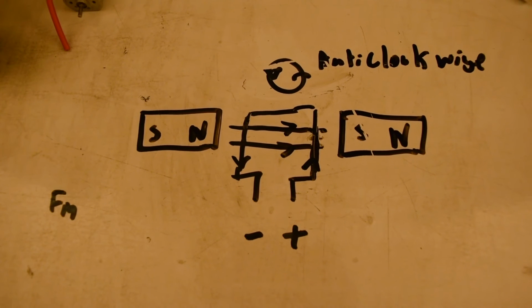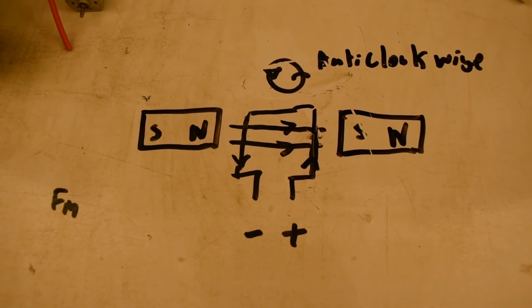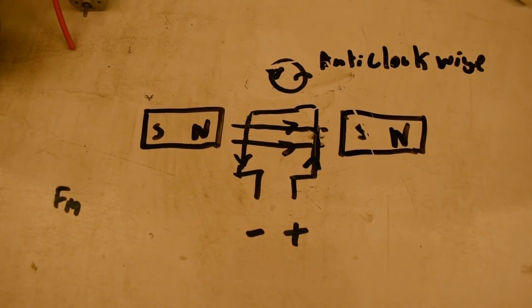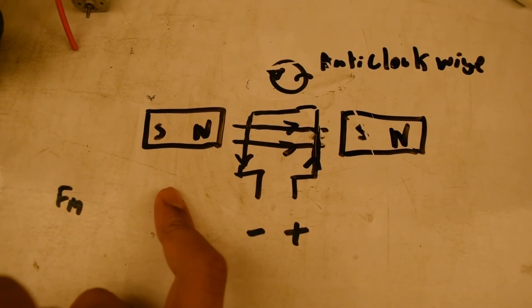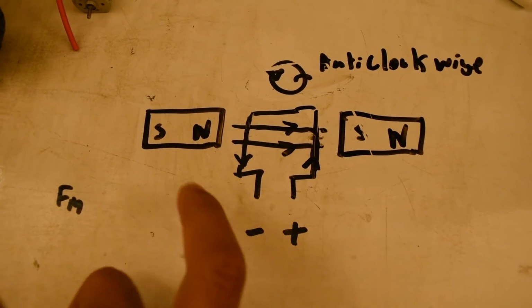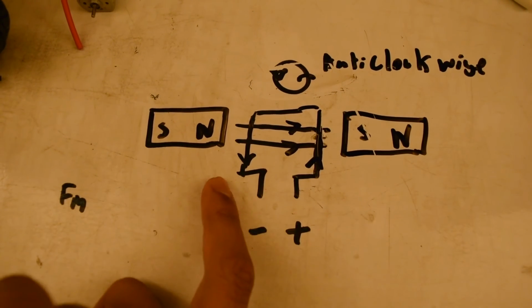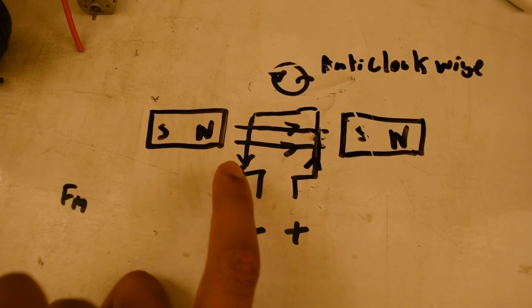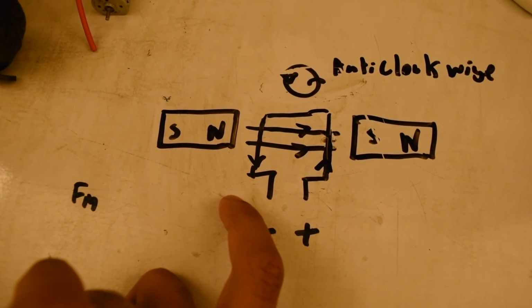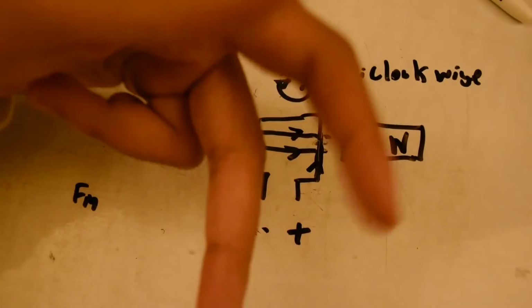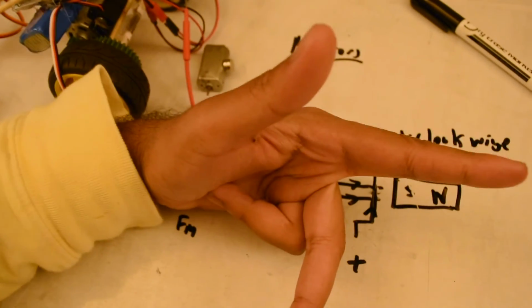There are a few factors which can make that force bigger. One of them is increasing the current. The other is having this coil thicker. And the third, which I've used, is to increase the magnetic flux. I've increased the magnetic flux by adding a magnet to the outside of the motor. But I would also like to remind you of the left-hand rule.